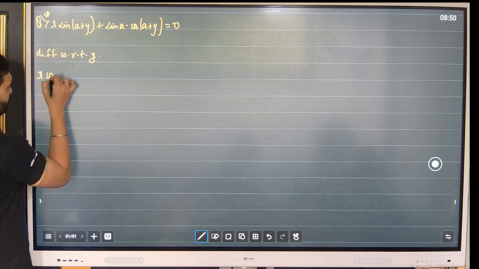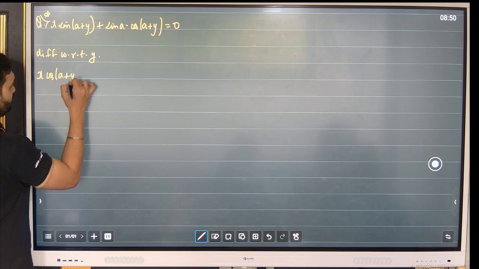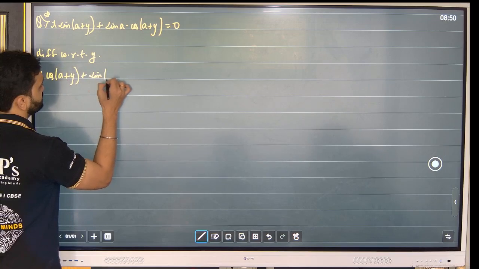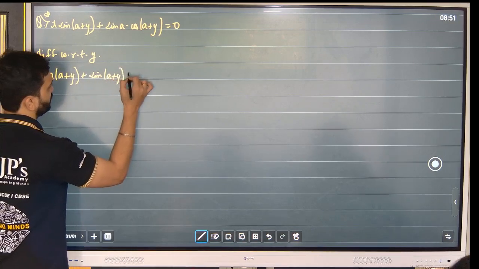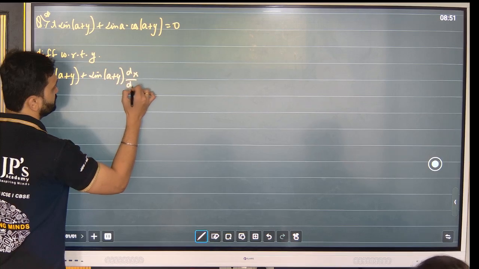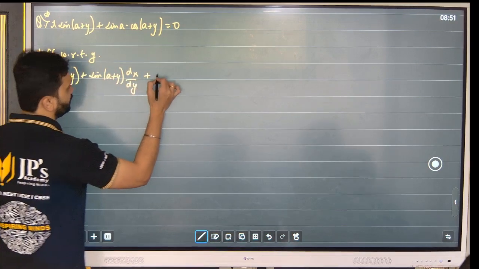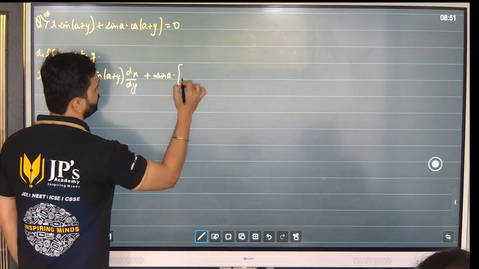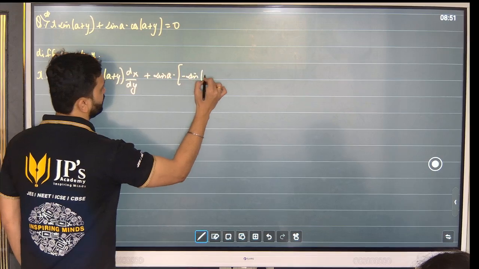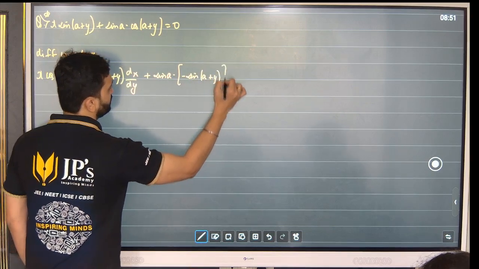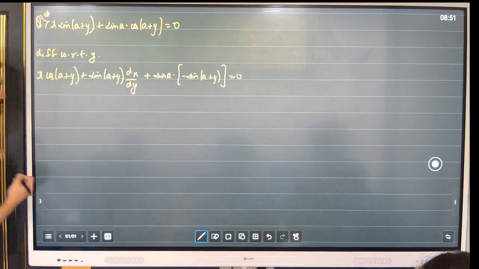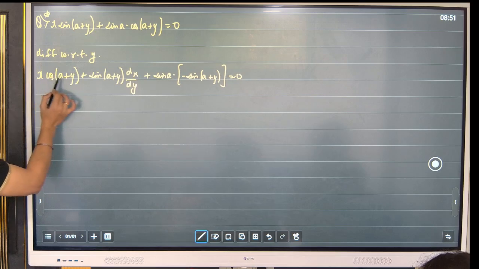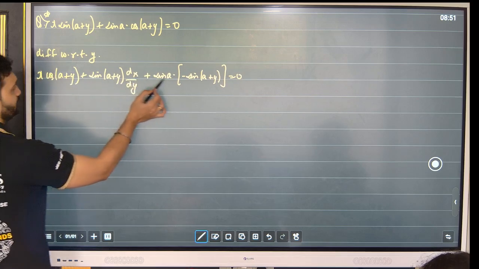x cos(a + y) plus sin(a + y) dx/dy plus sin a into minus sin(a + y) is equal to 0. Okay, so u derivative of v plus v derivative of u, plus sin a is a constant.